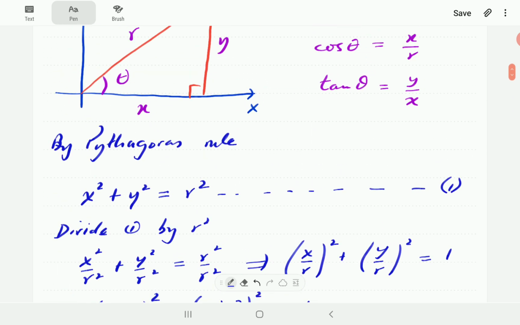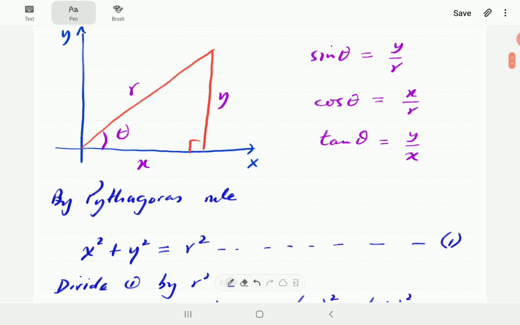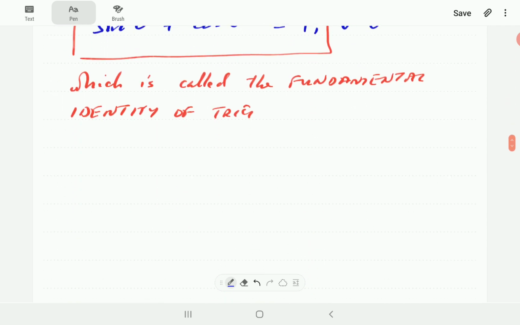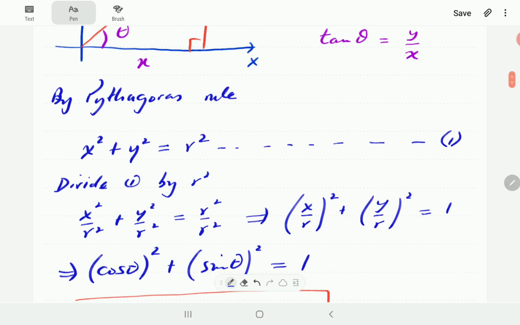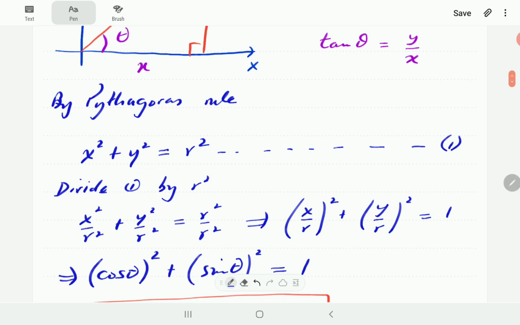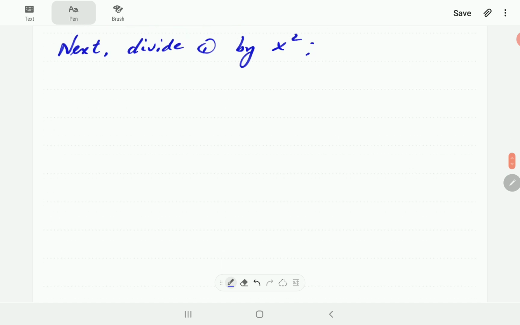All right. Now next what we can do is divide formula number 1 by x squared. So remember, there is our formula 1, so we're going to have x squared over x squared plus y squared over x squared is equal to r squared over x squared.